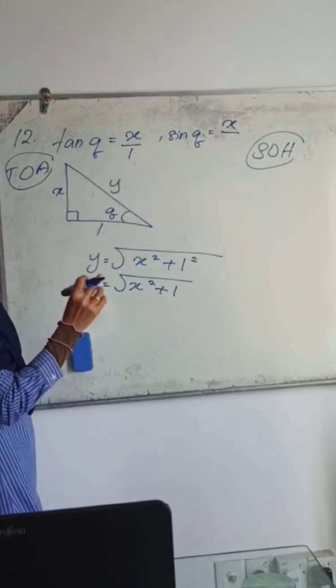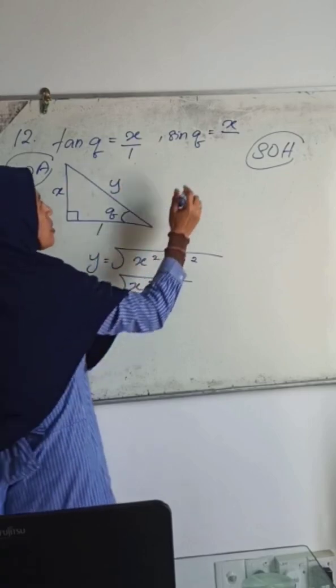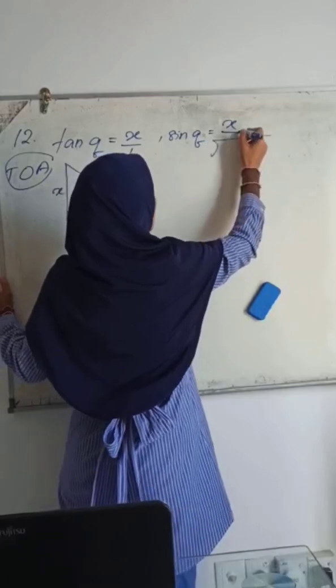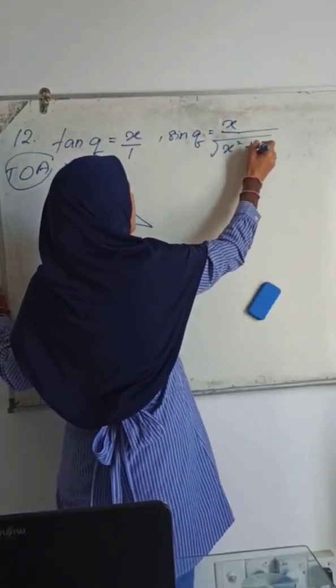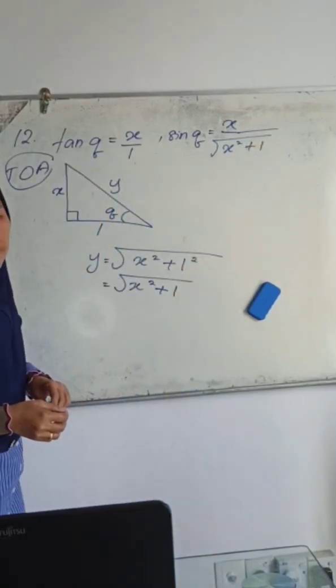So sine Q is equal to x per hypotenuse, which is x per square root of x squared plus 1. So, can you get the answer?